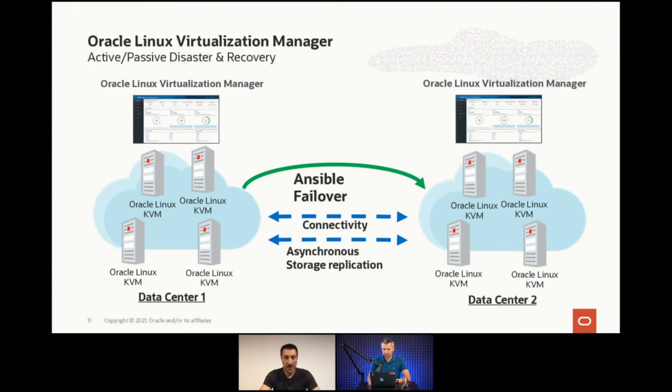The other one is the active-passive disaster recovery solution, where you have two separate KVM clusters, two separate Oracle Linux Virtualization Manager engines, and you have obviously an asynchronous storage replication in place between the two data centers.